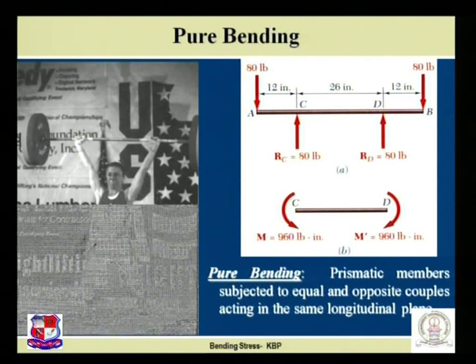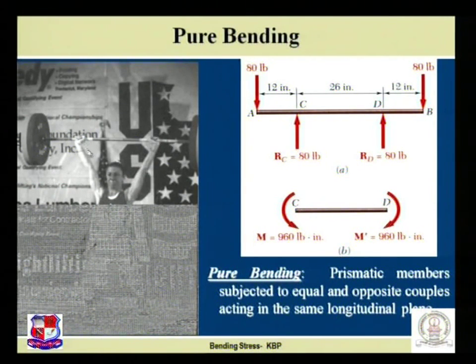So refer to the various cases of pure bending. Here, refer to a woman weightlifting. She is standing, see the posture with the two hands. Whatever the load over here, the same will be hanging by the hand over here, and whatever the load will be over here will be hanging over here.